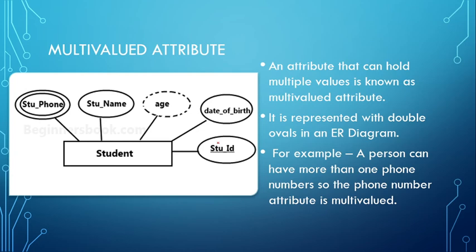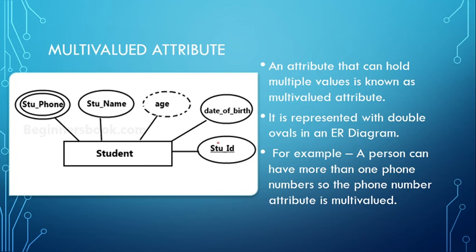If we take name, a student may have a different name at home and in college, but date of birth cannot have two date of births, cannot have two student IDs, cannot have two ages. But phone number, contact number can have two contact numbers.